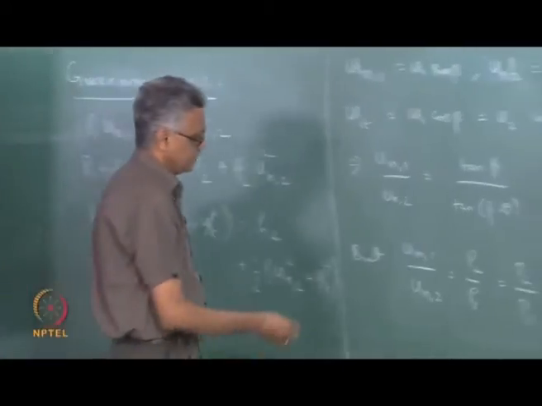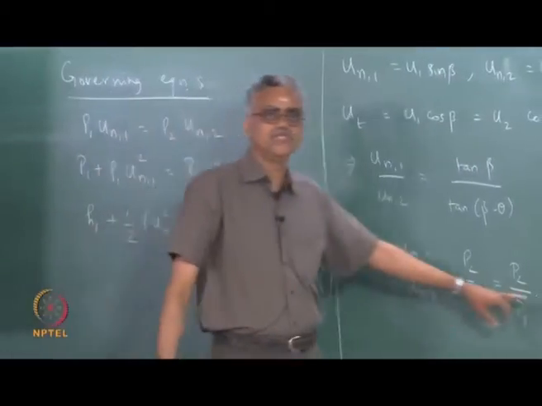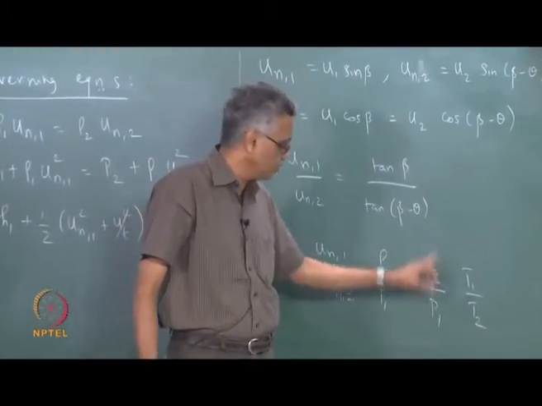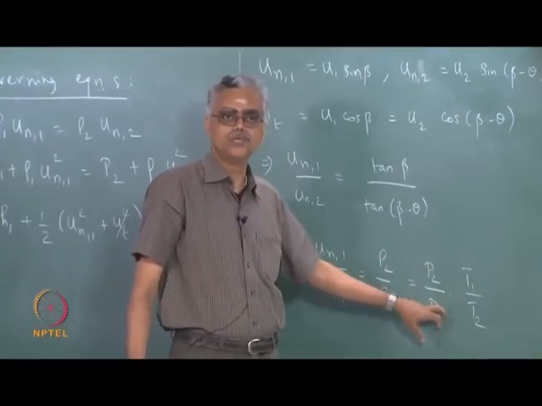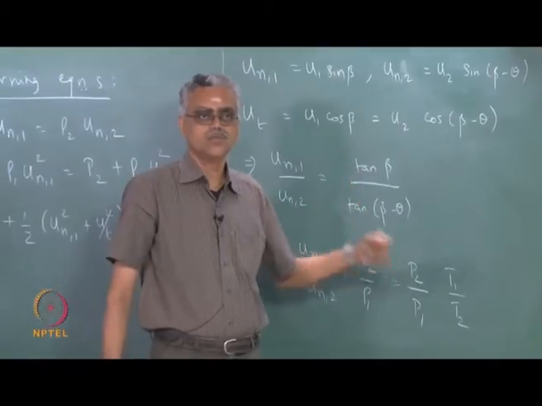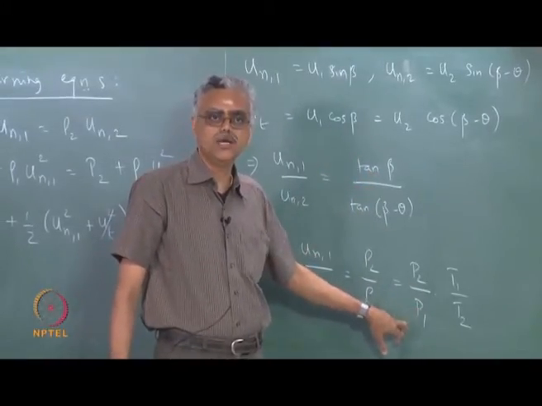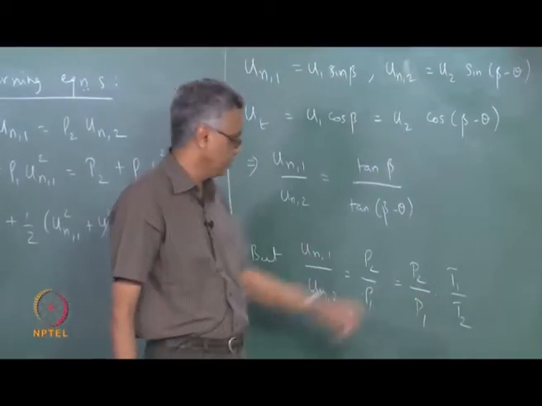Now, the right hand side, remember these are static quantities, and we already wrote down relationships for these two in terms of M1 and M2 when we discussed normal shock waves. So the M1 and M2 that we used there now become Mn1 and Mn2, right? That is what we are going to do.